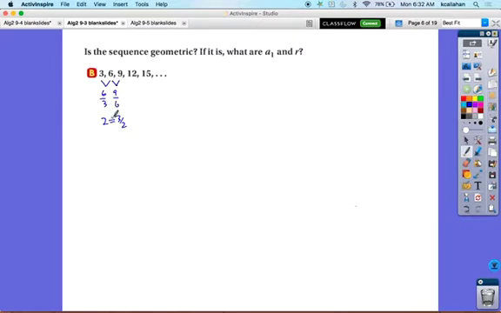Since those two are not equal, this is not geometric. Does it have a pattern? And yeah, it does have a pattern. It's arithmetic. It looks like you keep adding 3 to get to the next term. So it has a common difference, but not a common ratio.